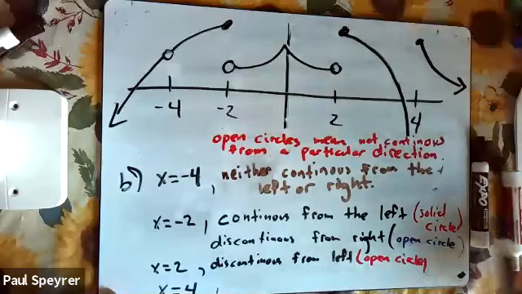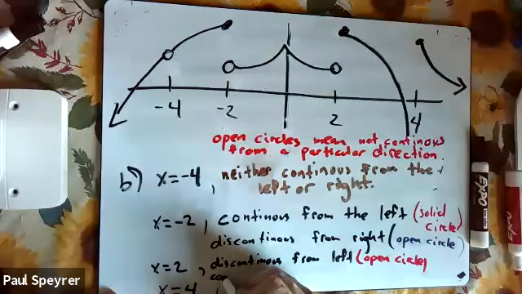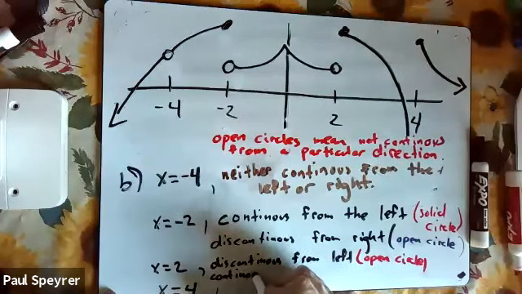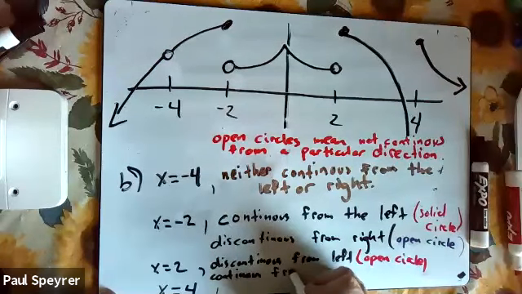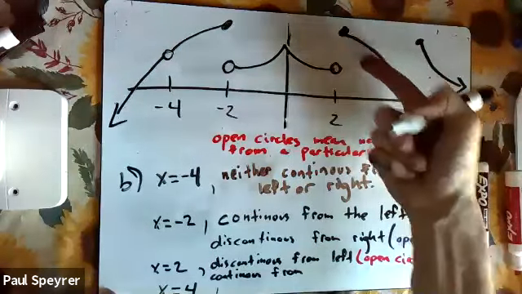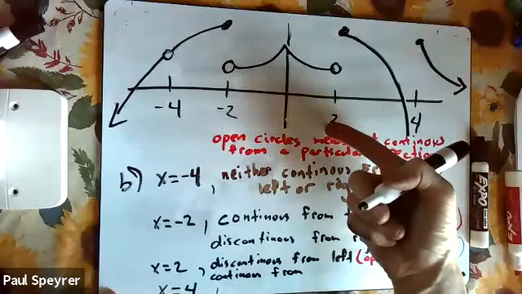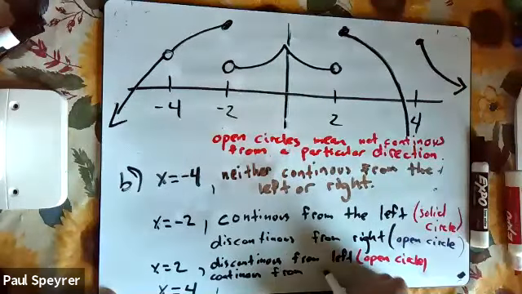But it's continuous from the right. So as we walk towards x equals positive 2 from the right, we're running into a solid circle.